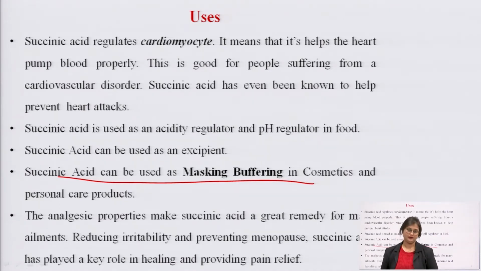The analgesic properties of succinic acid make it a great remedy for ailments. Reducing irritability and preventing menopause are a few of the roles played by succinic acid. Succinic acid has also played a key role in healing and providing pain relief. So, succinic acid, apart from being used as an acidity regulator and pH regulator, has a range of medicinal uses as well, starting from preventing heart attacks to regulating cardiomyocytes.